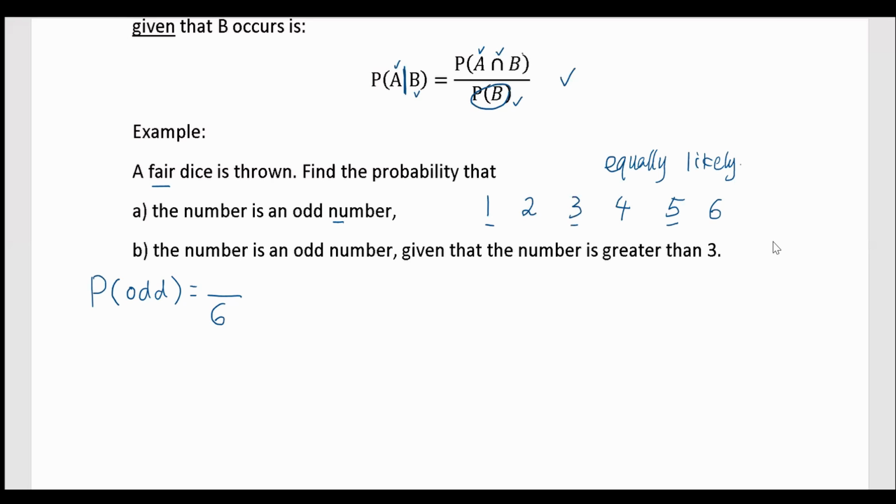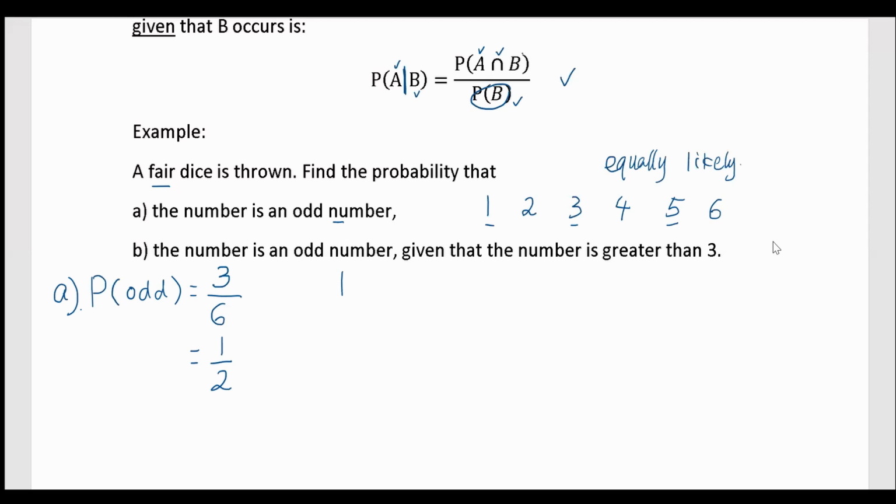That means there are 3 favorable equally likely outcomes. So 3 over 6 is the probability of getting an odd number when a fair die is thrown once. And we simplify it. The probability is going to be 1/2. So that is the answer for part A.